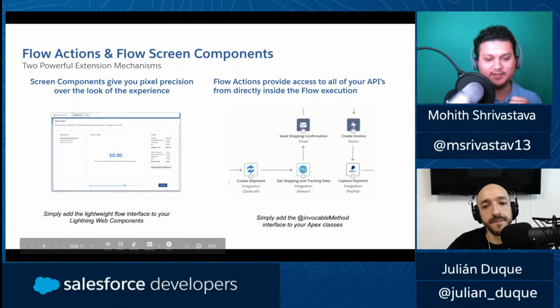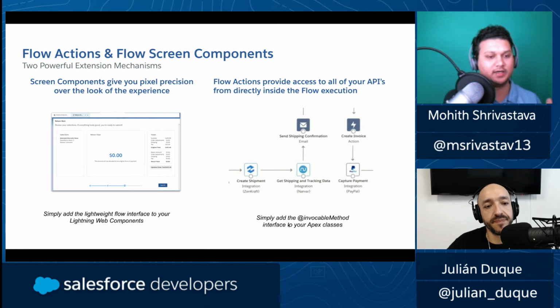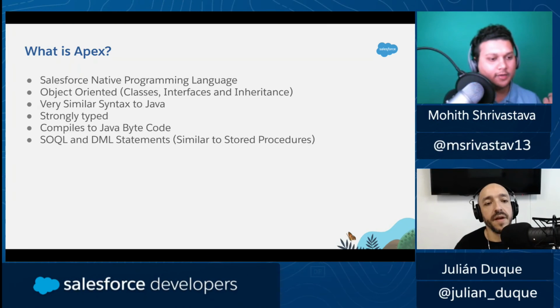There is a statement I wrote in the slide which says simply add the invocable method annotation to make it available for your flows. We also have some short videos. I think one of our evangelists is working on some quick start videos where he'll show you how to create an invocable action, how to make a Lightning Web component available for flows, and exciting things like that.